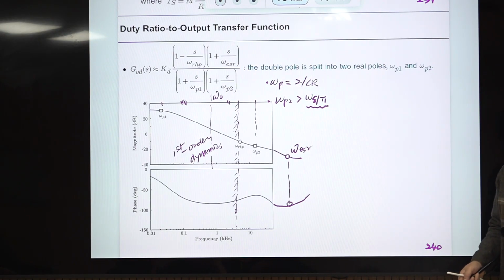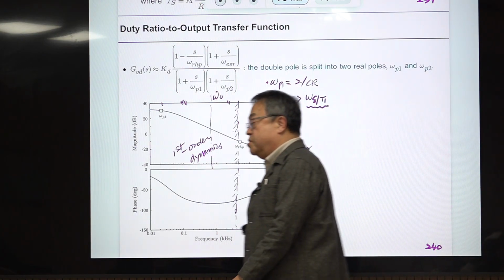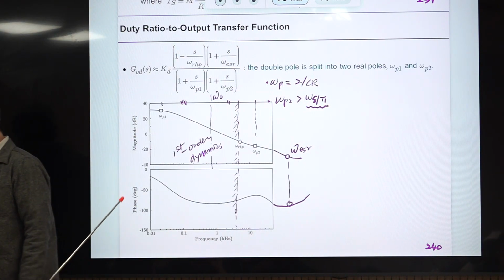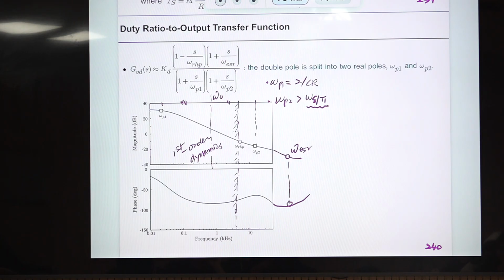I think I mentioned several times that in DCM the dynamics are very slow, because omega P1 dominates the dynamics of this power stage, and everything becomes a first order system with a very long, large time constant. That is the reason for this.